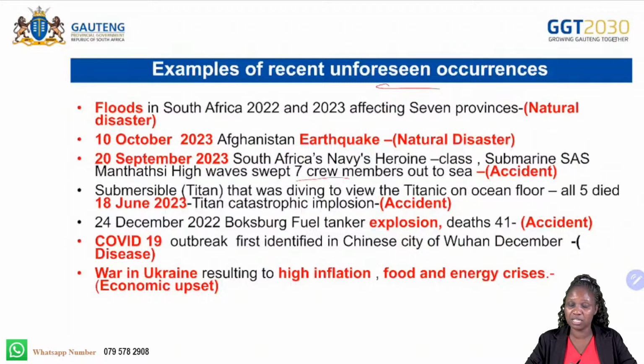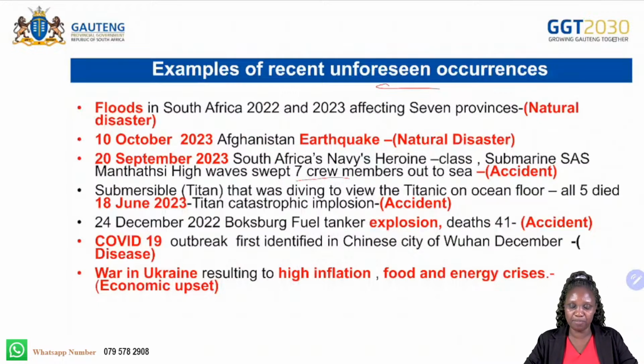And then 20 September 2023, South Africa's Navy Heroine class submarine SAS had high waves that swept 7 crew members out to sea. That was an accident. And then 18 June 2023, the Titan catastrophic implosion, that was an accident.